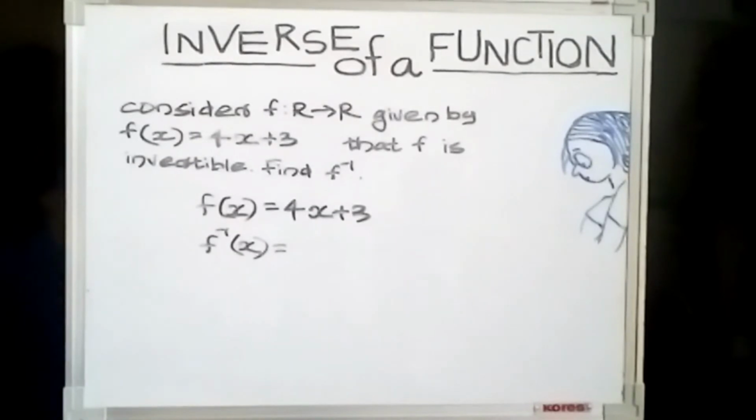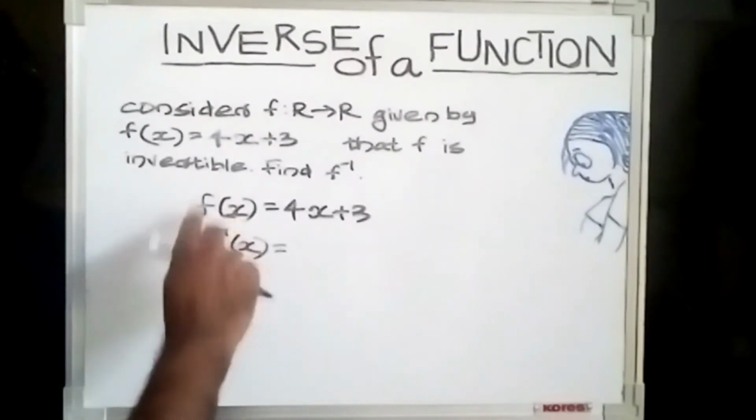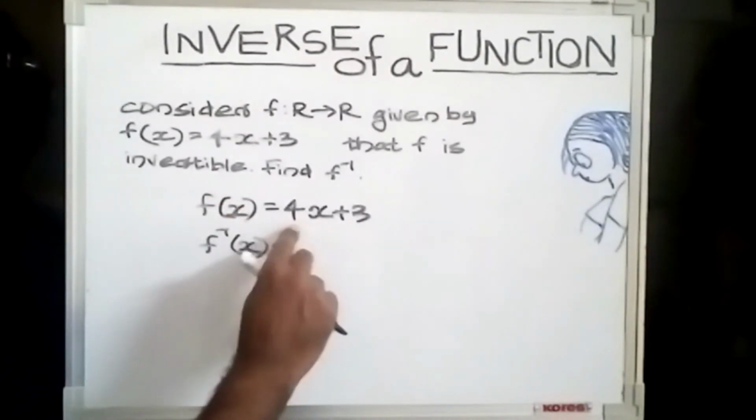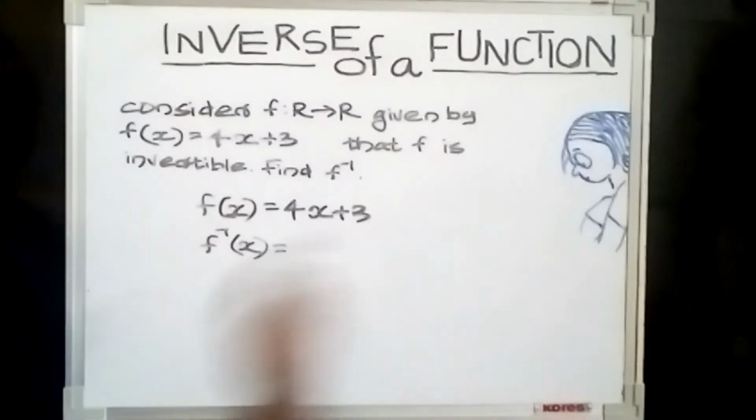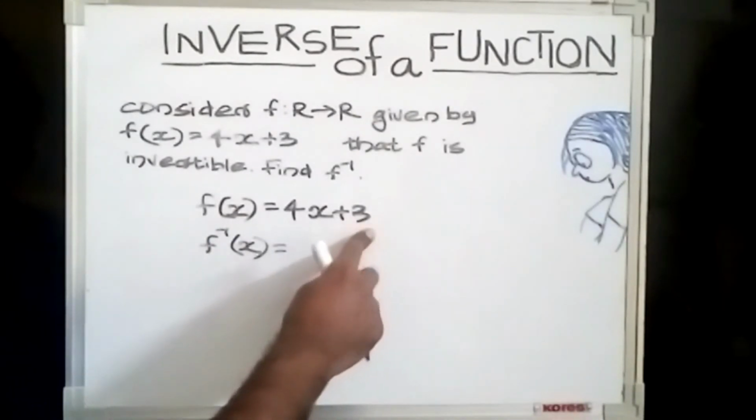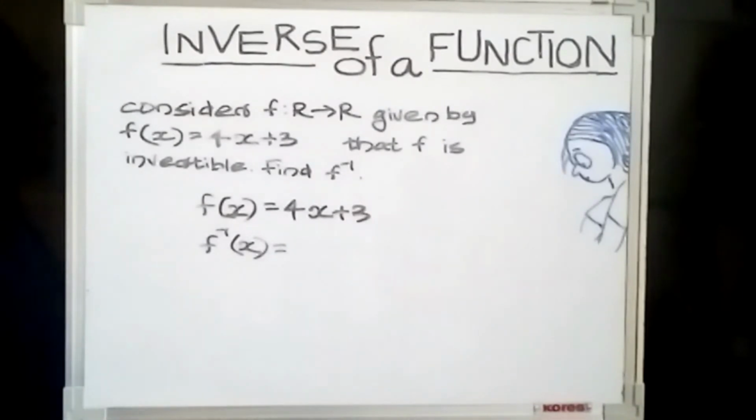See, we are trying to guess the answer. The action of the function is that x became 4x plus 3. Then what is the reverse activity? First 3 was added, so now 3 is subtracted: 4x plus 3 minus 3 becomes 4x.